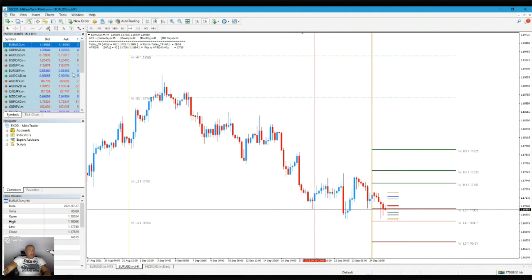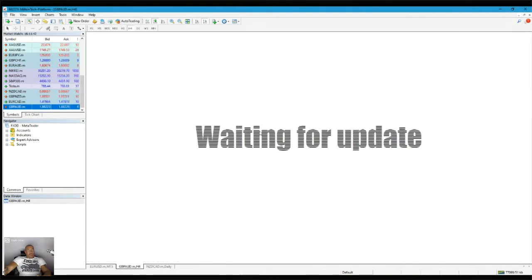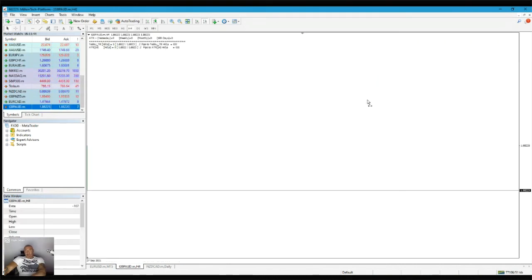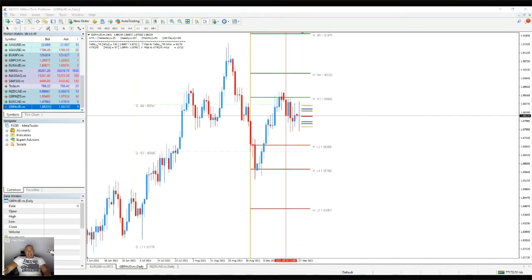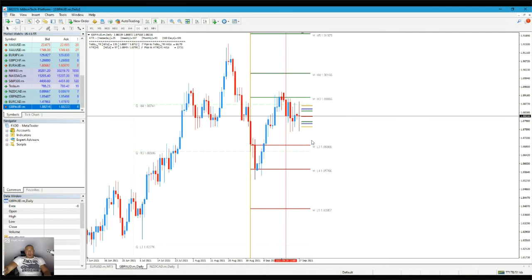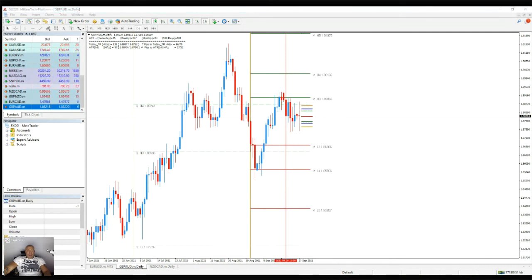So GBP Australian dollar, I want to see a bullish candlestick close on the daily time frame. If I see a bullish candlestick close on the daily, like a pin bar, I will go long. If I see a close like this, I won't be doing anything.